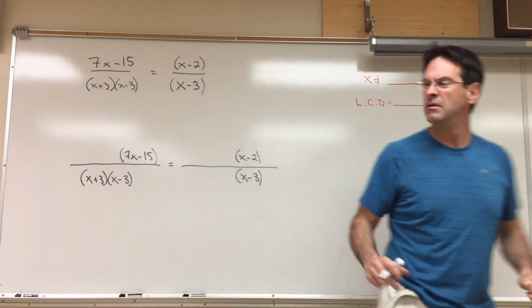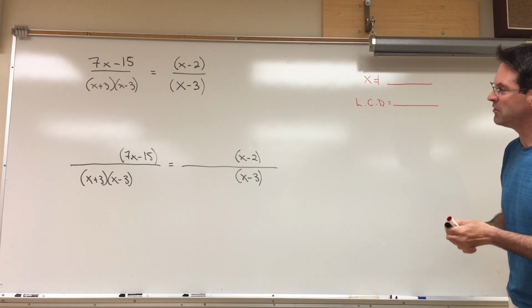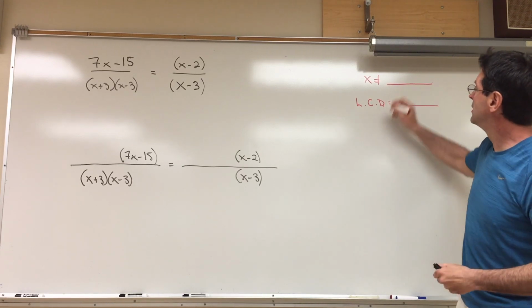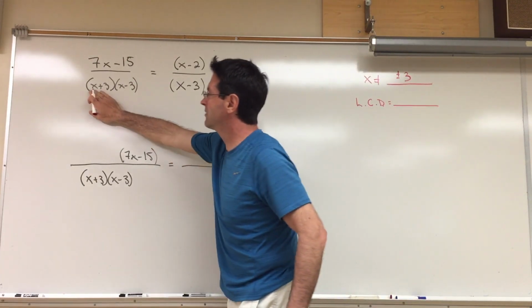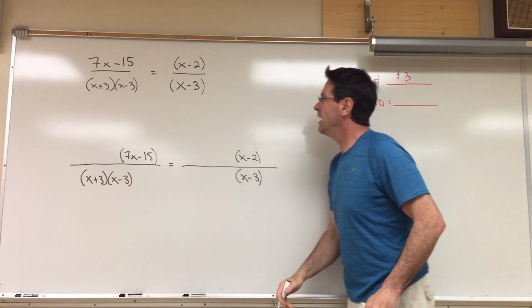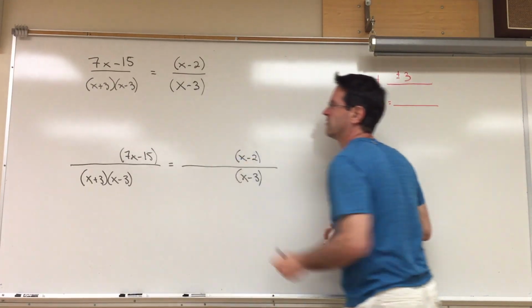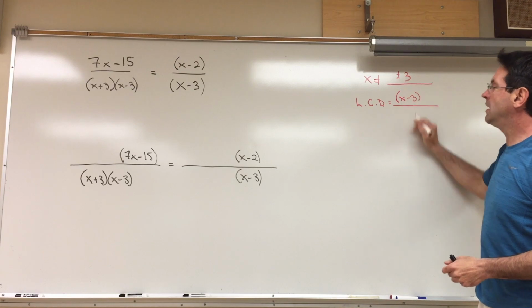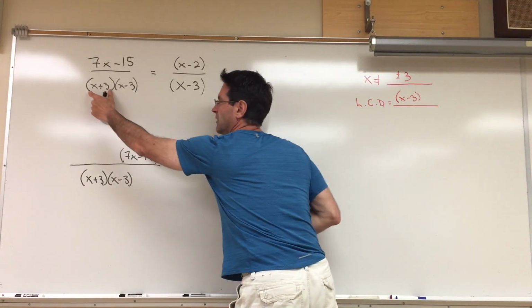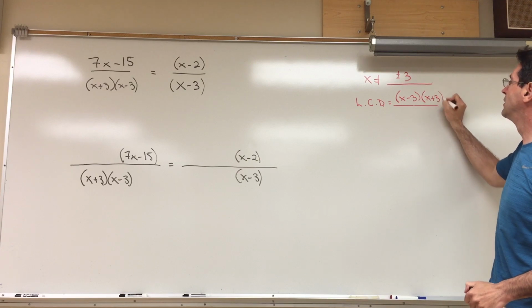Now, what are our non-permissible values? They're positive and negative 3. We can't put negative 3 in for x here or positive 3 in for x here. And our lowest common denominator: we have an x minus 3 in each one, so we have x minus 3, and in the other one we have an extra x plus 3. So there's our lowest common denominator.